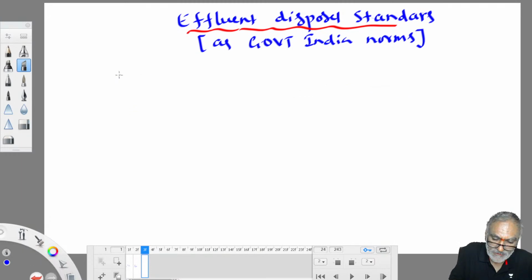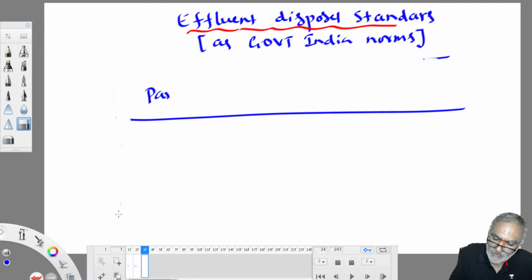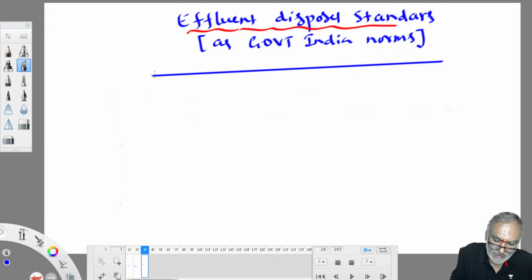What are those parameters? Of course, the very important parameter is BOD. Next, for certain waste BOD cannot be measured. For such waste we measure COD. In addition to that, solids, oil and grease also we measure. Those 4 parameters you have to cross-check and verify prior to disposal.